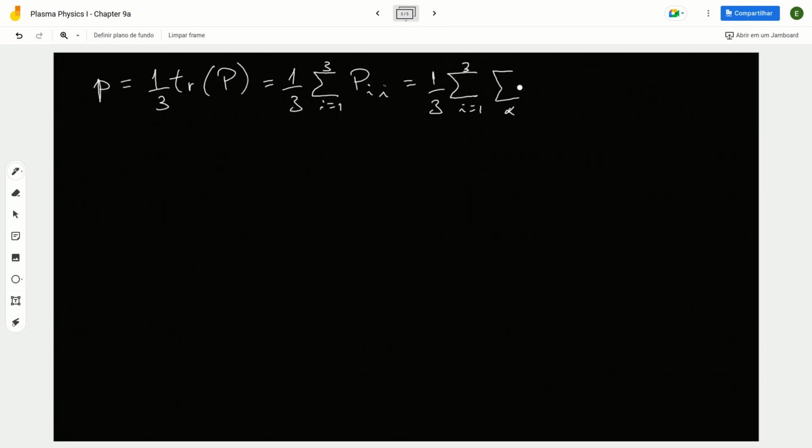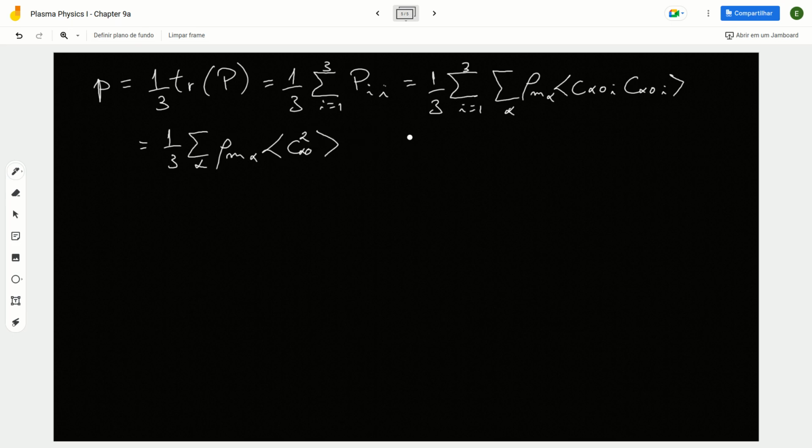So if I want to show the elements of this tensor, sorry, not this tensor, the element of this tensor, I have this times C alpha 0i, C alpha 0j. This is the multiplication element by element, and you end up with this expression, C alpha 0 square. Another way of writing it, a shorter way.